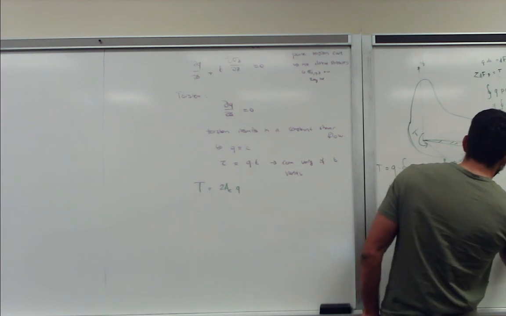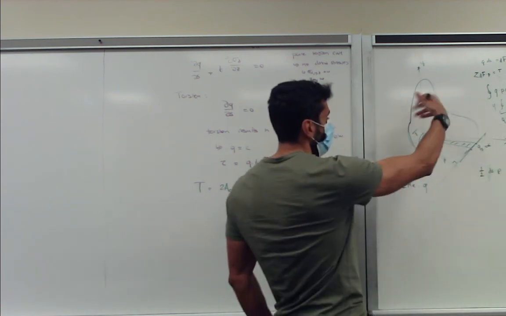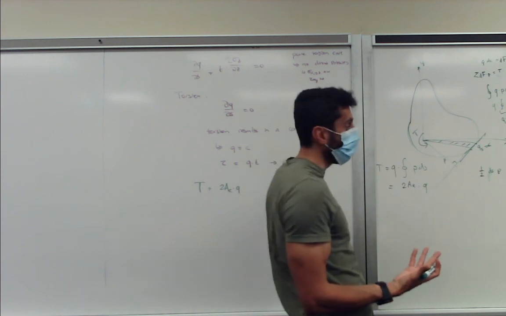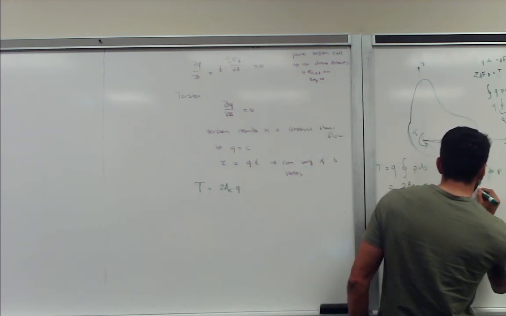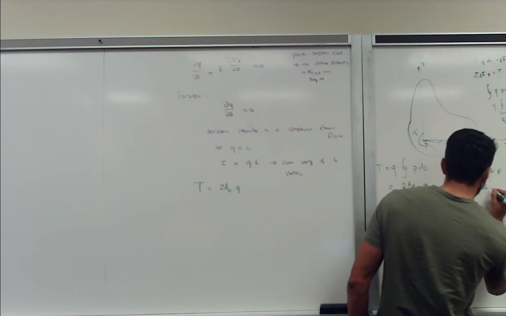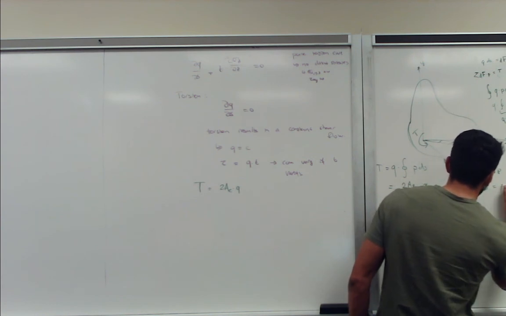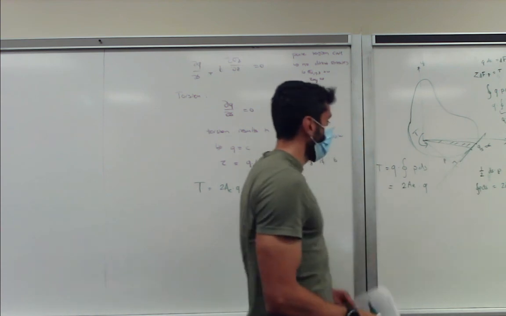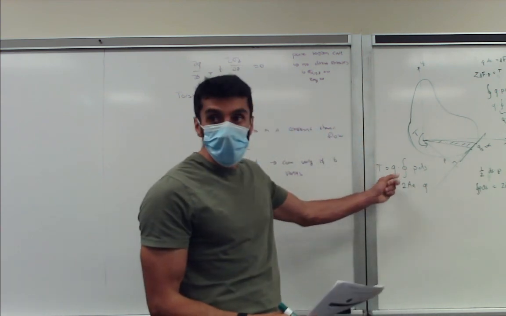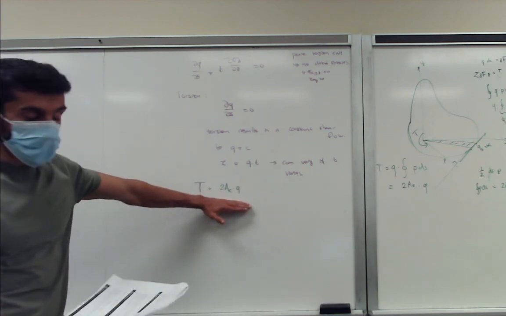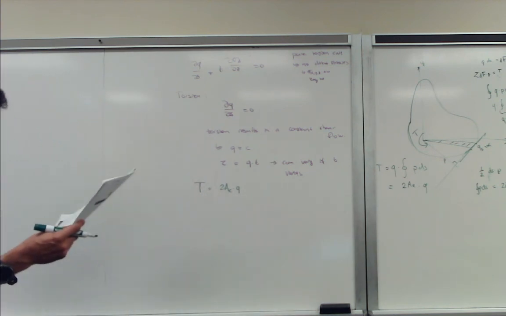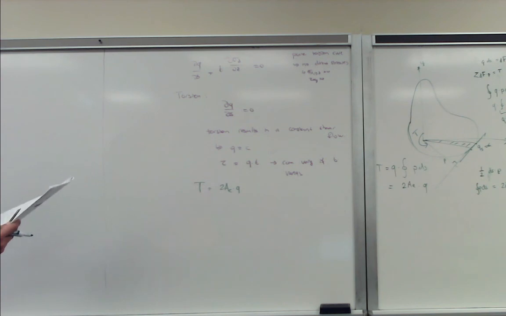That's your dA. And if you do the summation of all the dAs, you get the full area. So if you take the half to the other side, you get the integral of p ds is equal to 2 times the area. And you can just substitute that into this equation. And then we get to this equation here, that torque is equal to 2 times the enclosed area times q.